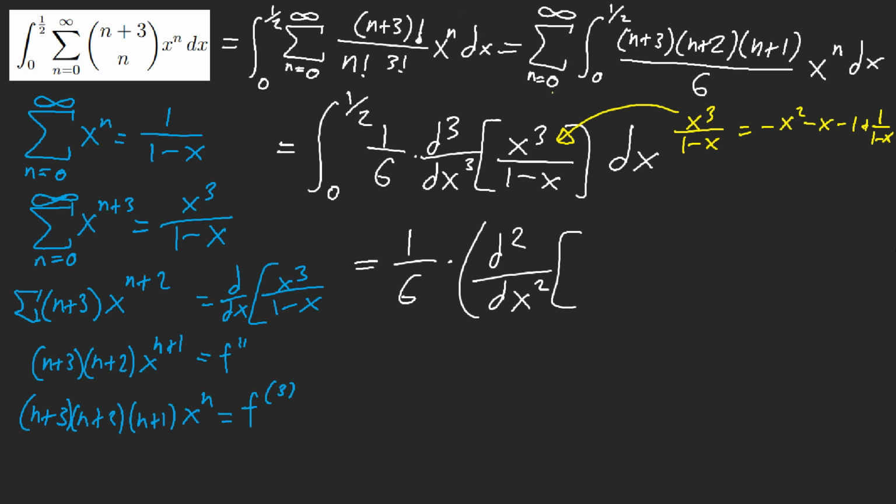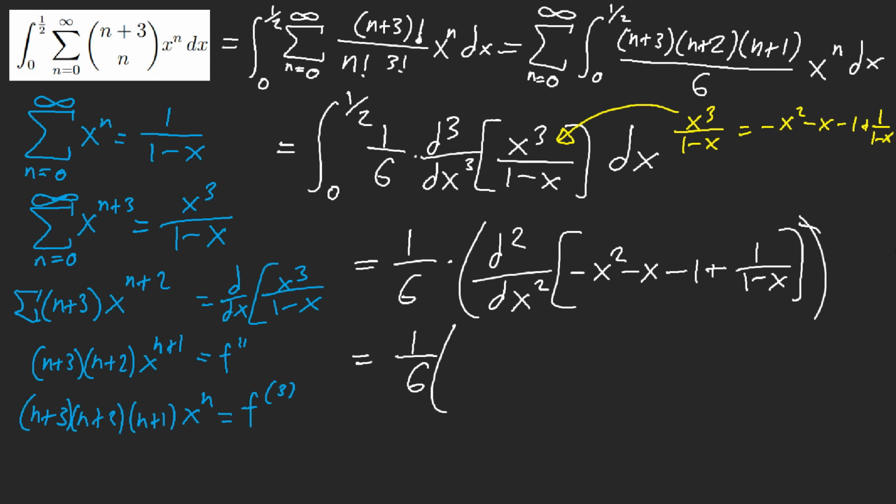So we can write that down. Don't forget that this is from 0 to a half. So now the second derivative: this is going to be negative 2x, negative 2.